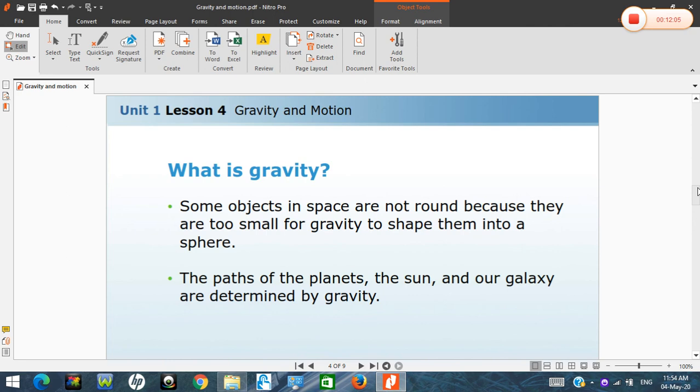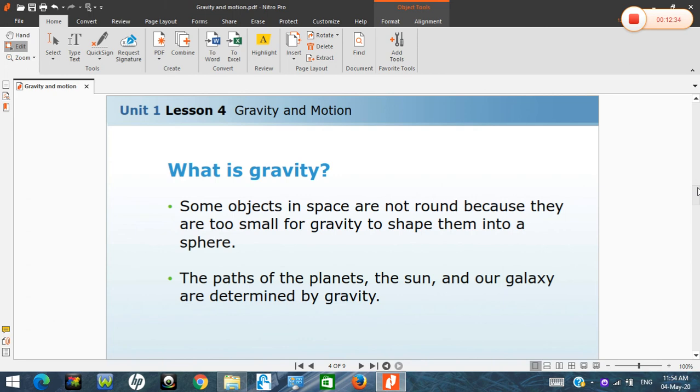So when the distance between the two objects increases, the gravity decreases. Again, when the distance between two objects increases, the gravity force decreases, and vice versa. When the distance decreases, the gravity increases.